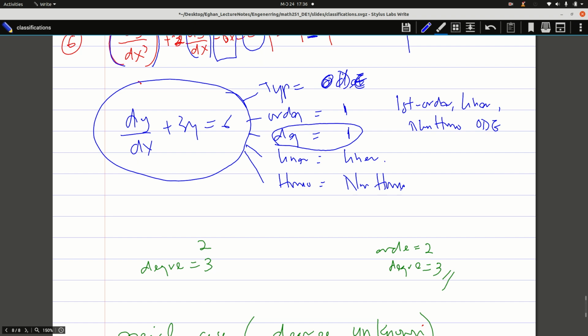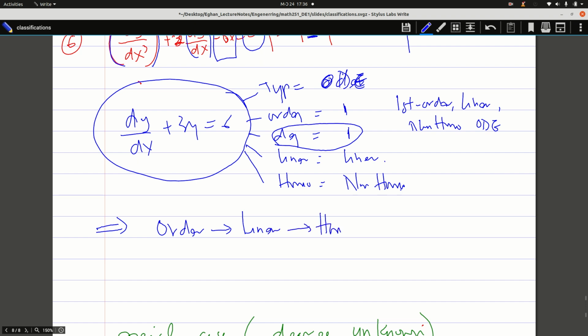Let me clean here. So if I want to write the entire classification, I take the order first, followed by whether it is linear or non-linear, followed by whether it's homogeneous or not, then I go by the type. So I could have a second order non-linear homogeneous ODE.